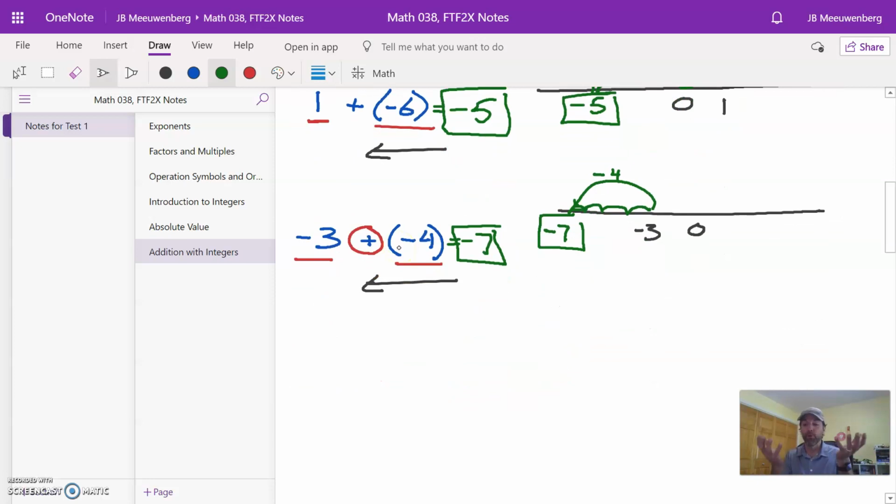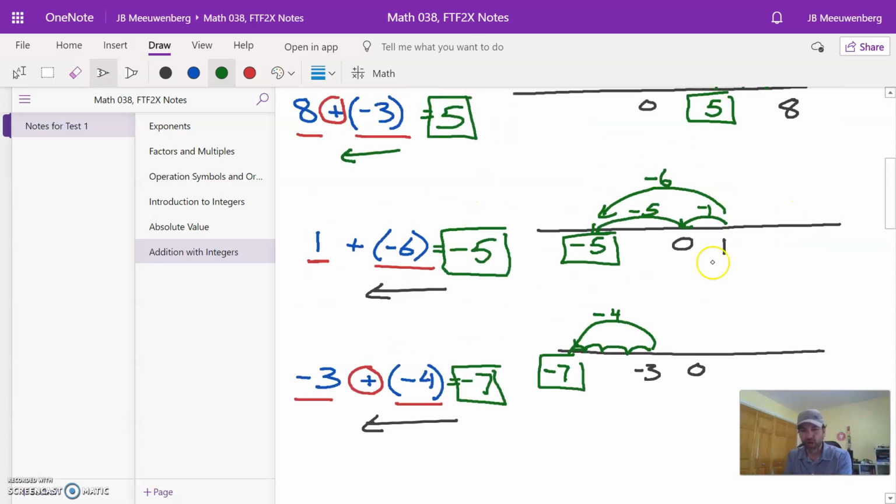In the last example, both numbers were negative, and so it's like we're starting with debt and we're adding on more debt. So 2 negative numbers just get more negative. You actually add the numbers together and take the sign of what they both were. So that's something that will come later, observing those patterns. But for now, try to visualize, draw the number line if that helps, and work your way to developing those patterns.